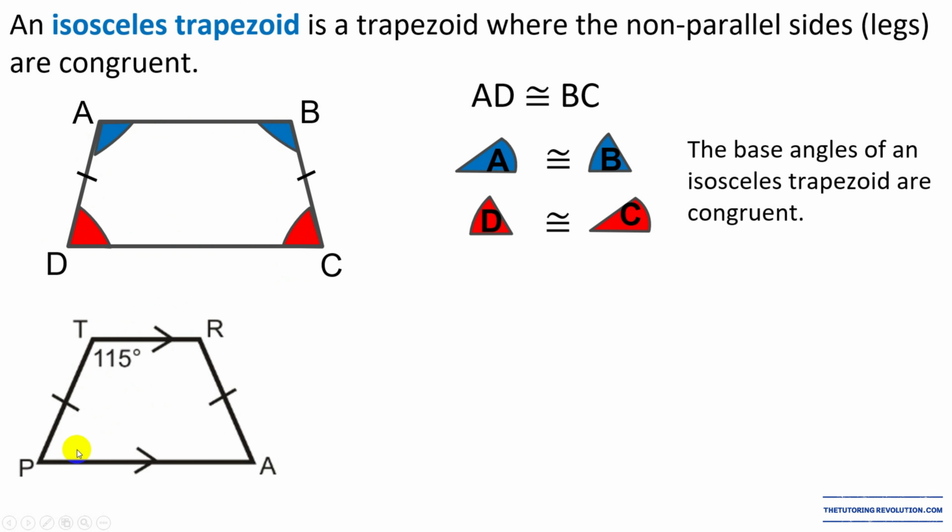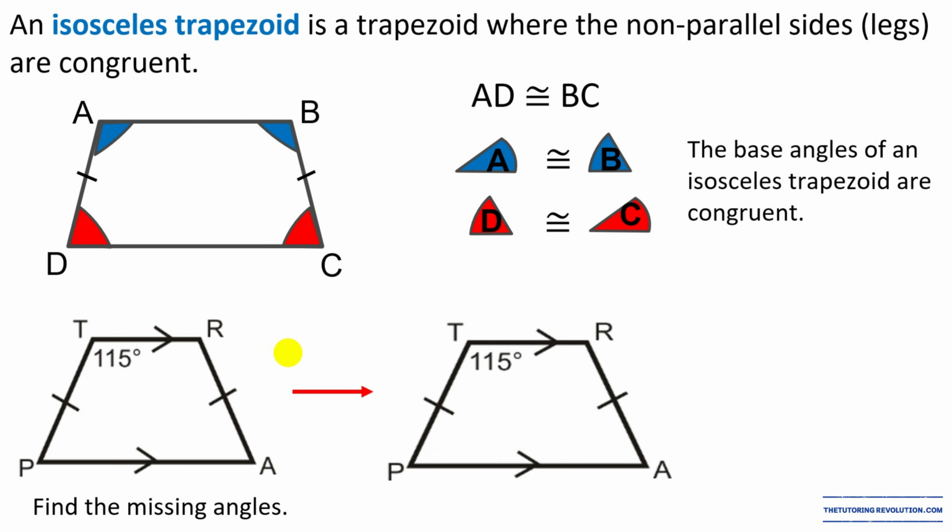In this problem, they give you an isosceles trapezoid, and the angle T is 115 degrees. So we want to find the missing angles here. We know that from this information on isosceles trapezoids, these two base angles are congruent. So R is going to be 115 degrees.